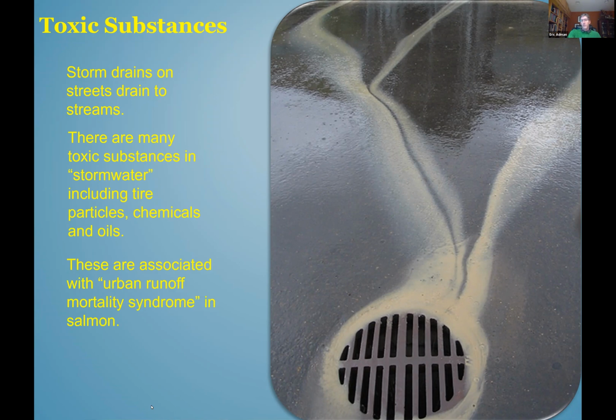One of the biggest ones that's recently been implicated is a chemical that is involved in stabilizing tire rubber when people manufacture tires. As the tires wear down and people drive around, that chemical wears off, gets into the streams, and has been associated with an urban runoff mortality syndrome in salmon.